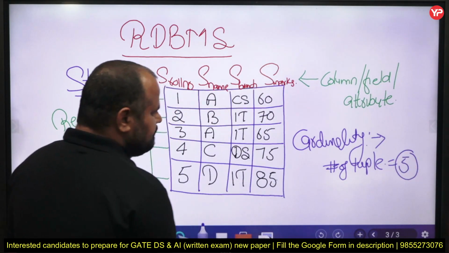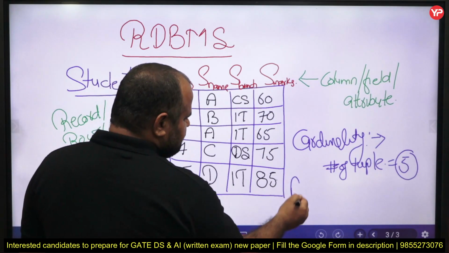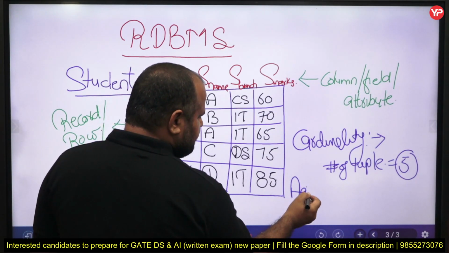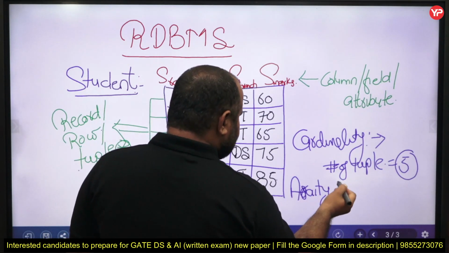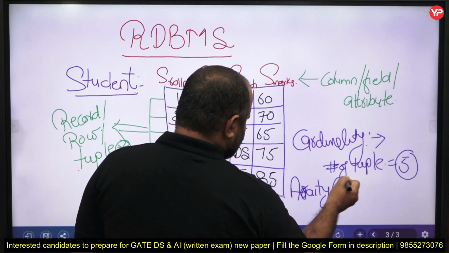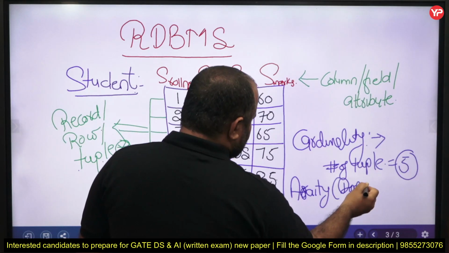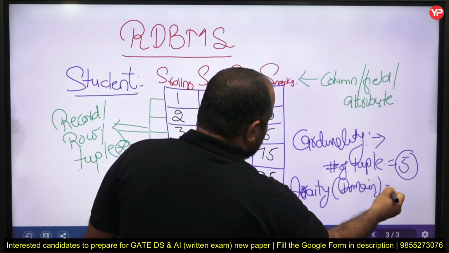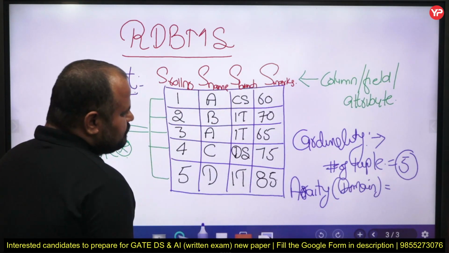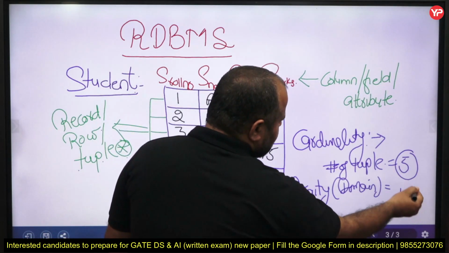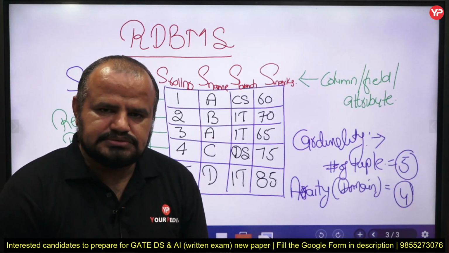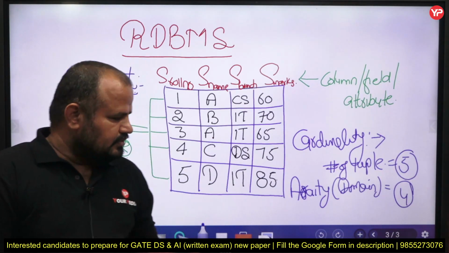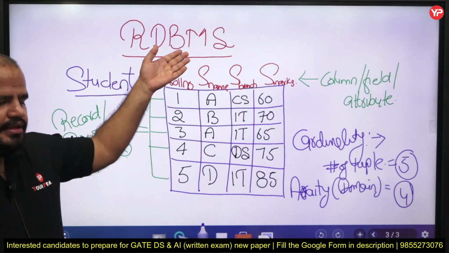In the same manner, the new term is arity, or I can say degree, which means the number of attributes. So I have 4 attributes. Now, what is RDBMS?